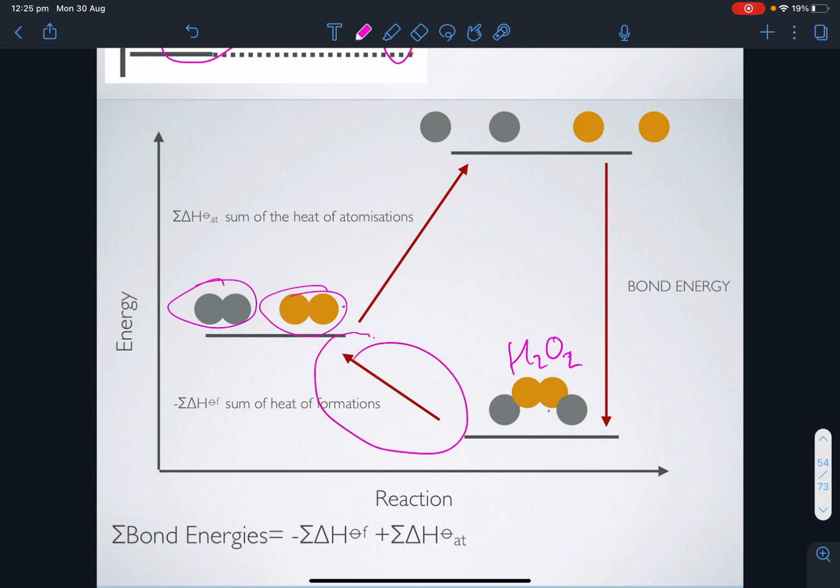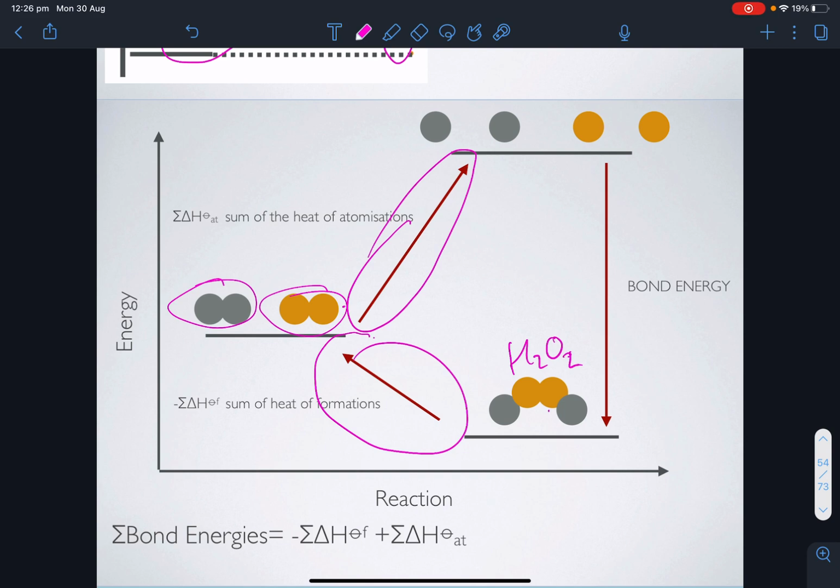So the heat of formation of H2O2 is the energy between those H2 and O2 and H2O2. And then we're going up again and we're doing a heat of atomization where we're taking H2 and O2 and we're splitting them apart, okay?